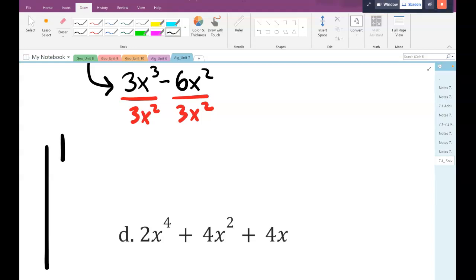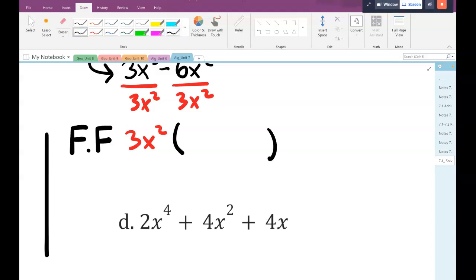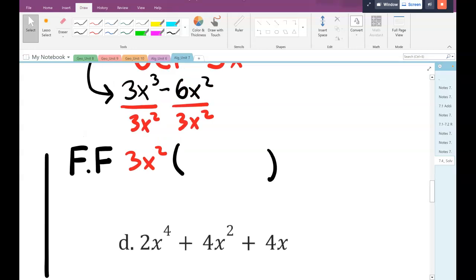Your factored form, I'll abbreviate it as FF. You put your greatest common factor out in front, so 3x squared. Then inside your parentheses, it's whatever you get when you divide. 3 divided by 3 is 1. X cubed divided by x squared, you subtract your powers, so you'd be left with an x.